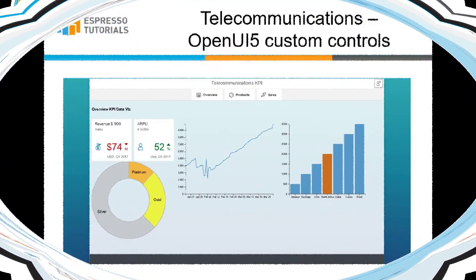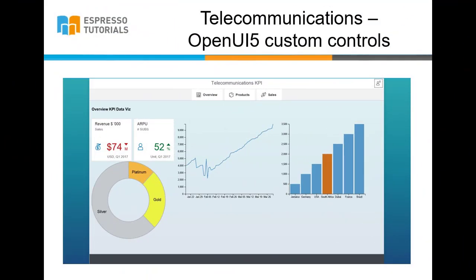And then the final one, the telecommunications example, this is the end result. So for the airline app, you have tiles that give you that layout, just to show different KPIs or specific metrics that we would have in our analytics and business intelligence reports. And for the custom controls in OpenUI5, we do more development with d3.js to give you the charts. There are also two KPIs that are custom built.